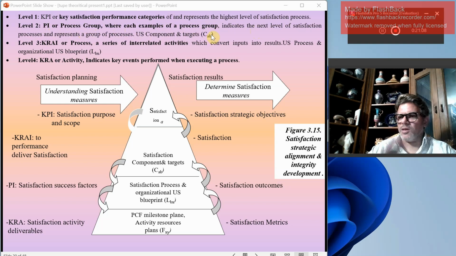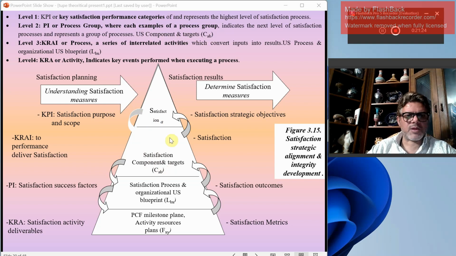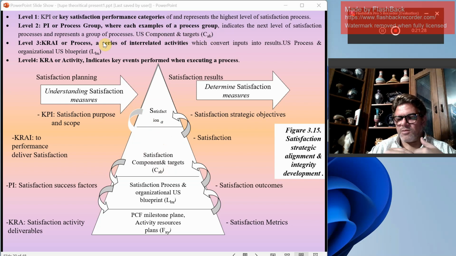We're going to see it in later papers for the people who want to move parallel. But it's a user satisfaction component and target. So satisfaction components and targets CAB. Now satisfaction indicates as A, okay, from the mathematics point of view.